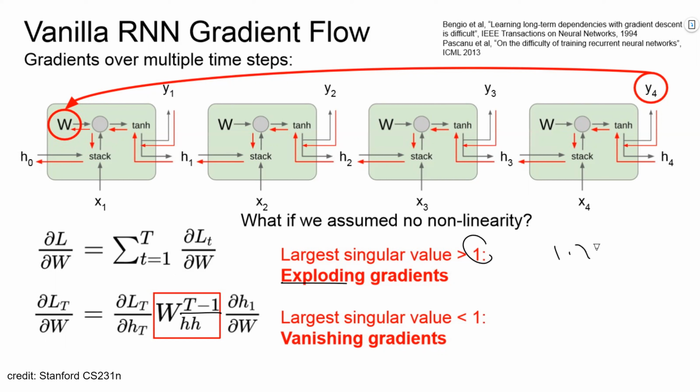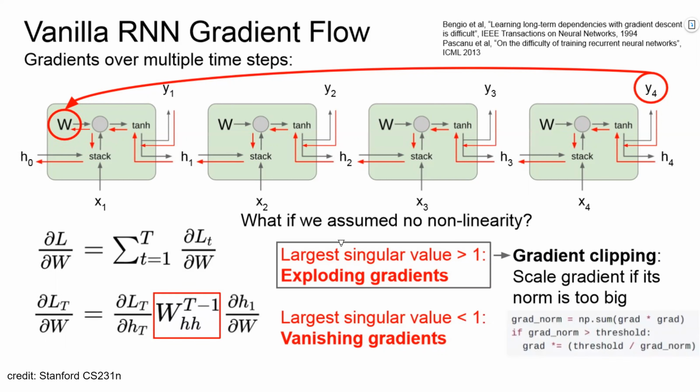Think about 1.2 to the power of 10, like this. And if the largest singular value is smaller than 1, like 0.9 to the power of 10, it becomes easily 0. It becomes easily diverged.